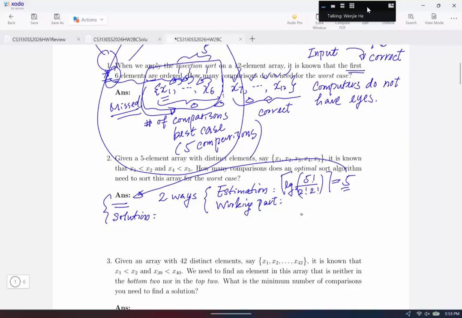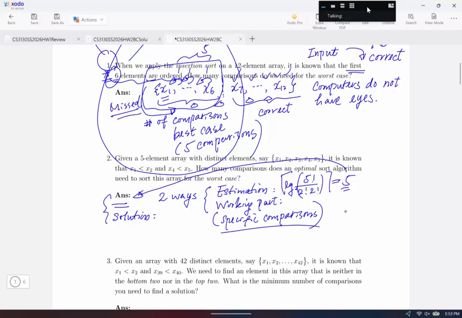So you have the specific work. Working. So you need to do comparisons. Comparisons. You need to tell me how to do it. It's different.